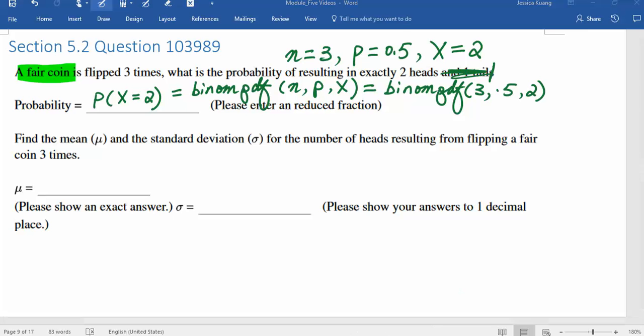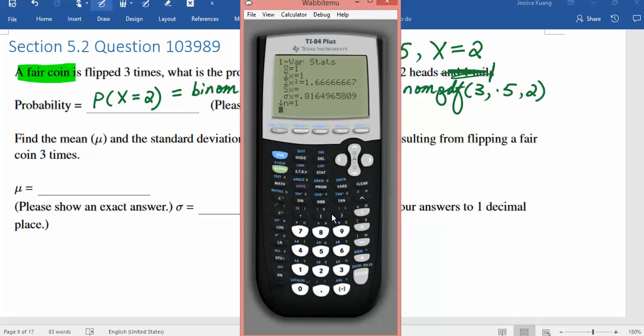So pull out the graphing calculator. I will go to second, VARS, and scroll down to 8, binomPDF, and press enter.